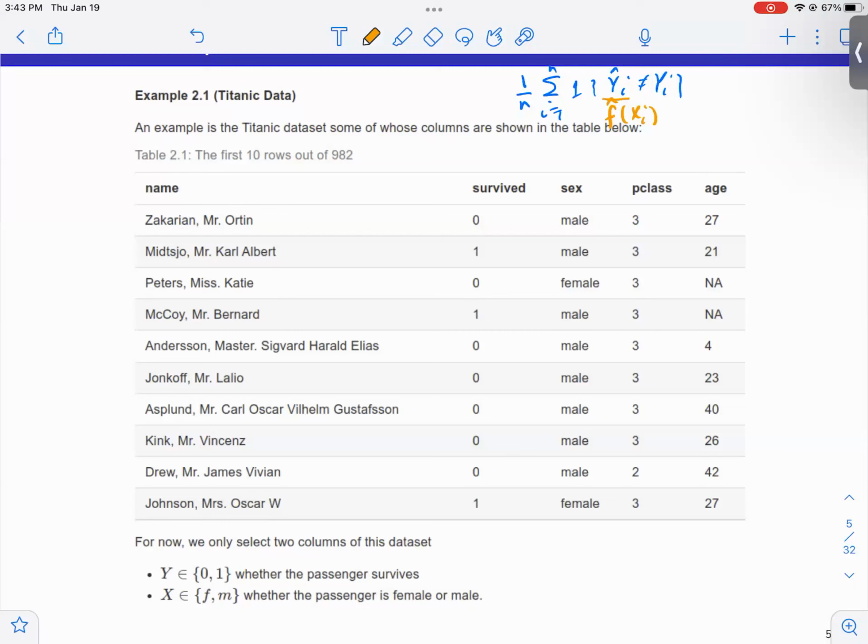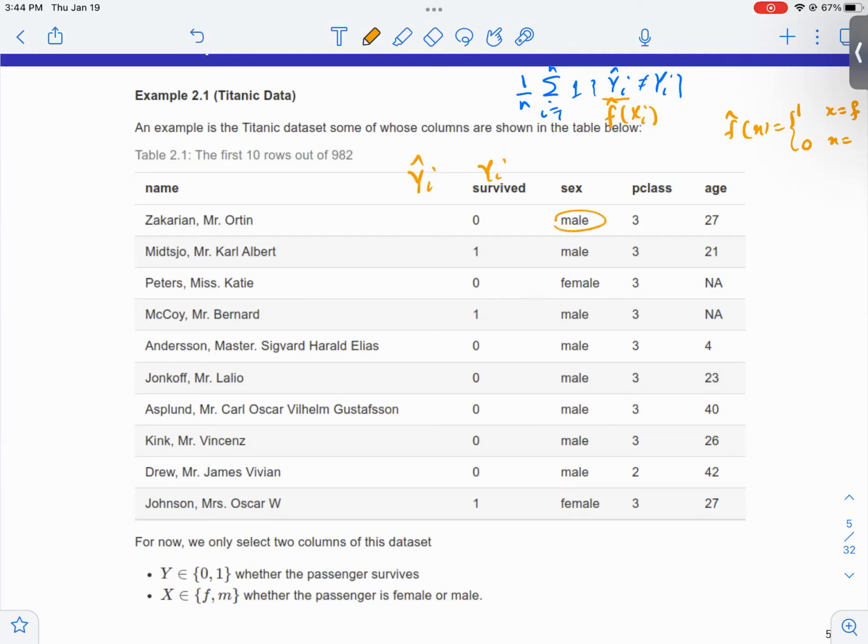So I'm going to apply my rule to every one of these. My rule was f hat of x is 1 if x is female, 0 if x is male. I'm going to apply the rule. So this is my y i, and I'm going to create a y hat i here.